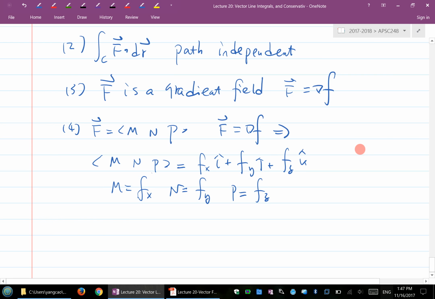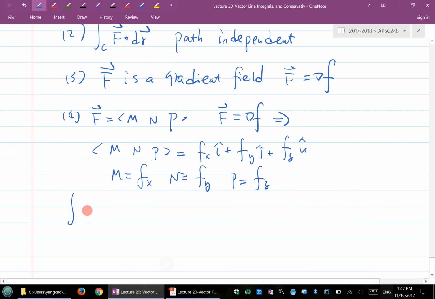It's a little bit confusing here. Now, if I'm going to integrate over the curve C, this one is a little bit longer writing. I'm going to substitute this M, N, P here.